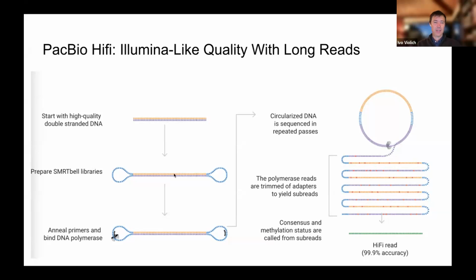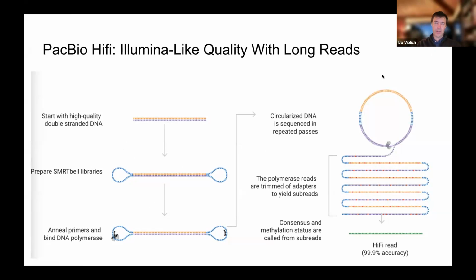Here we're talking about 15,000, 15 KB, so very long reads. But the higher quality is achieved by creating circularized DNA that's trapped in a little light well and just repeatedly sequenced.